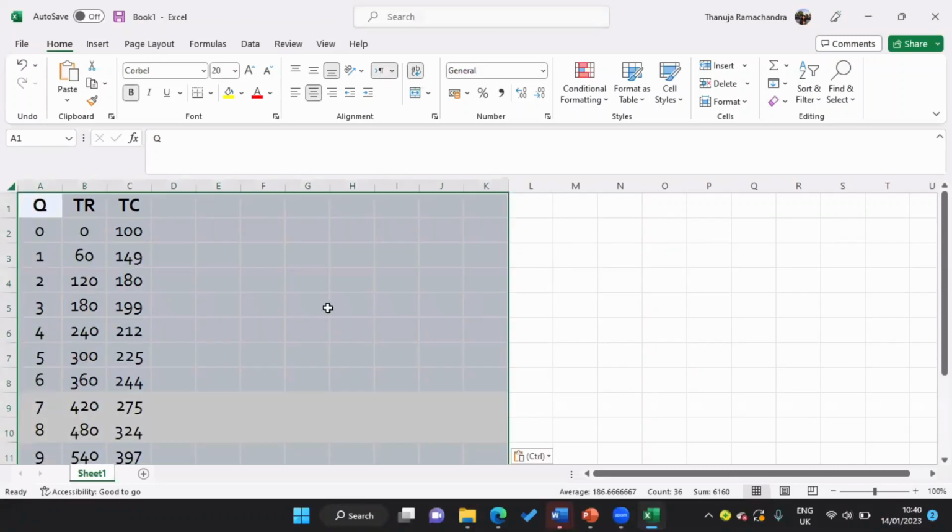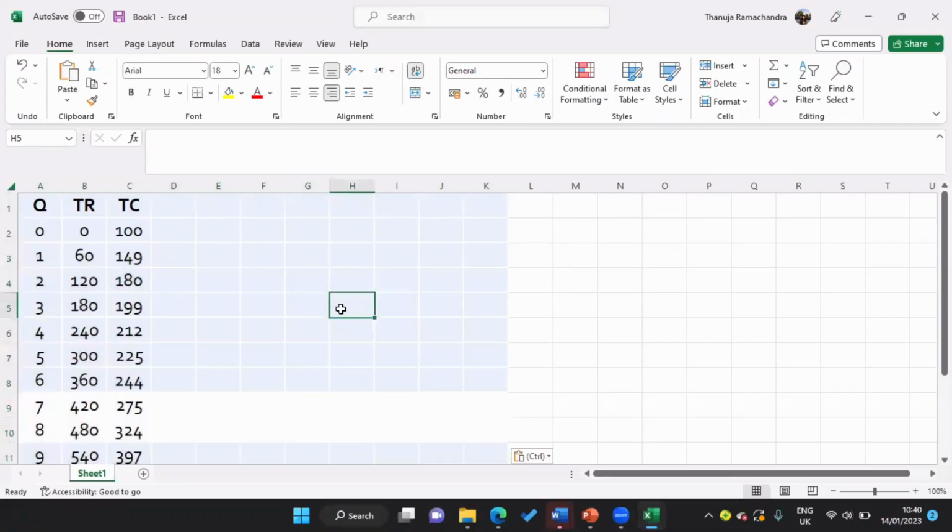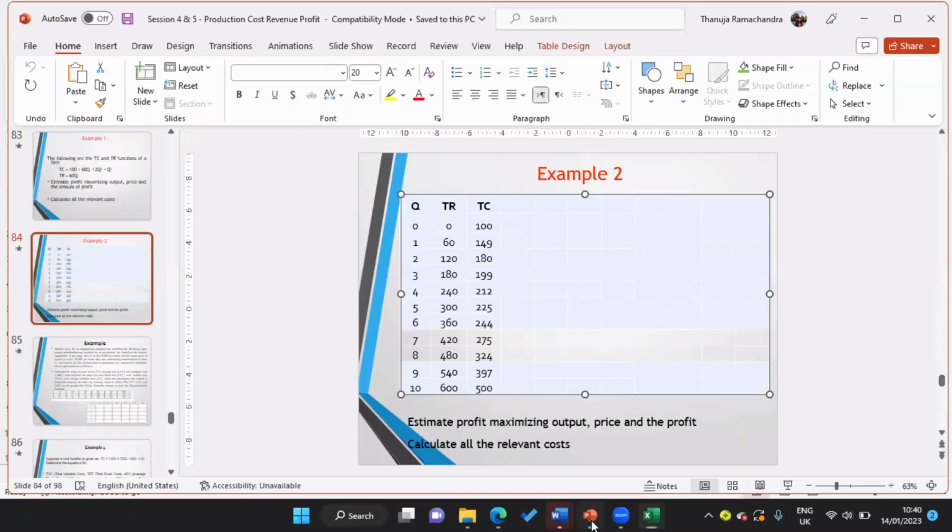Yes, madam. Okay. So the question is profit maximizing output, price, profit. Right? So we have to basically calculate the profit and see where the maximum profit comes.